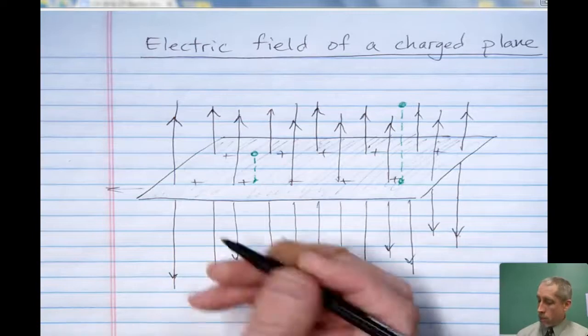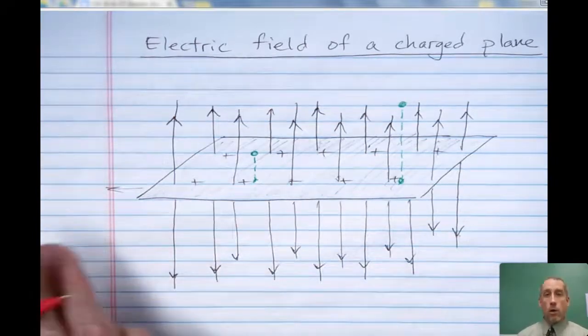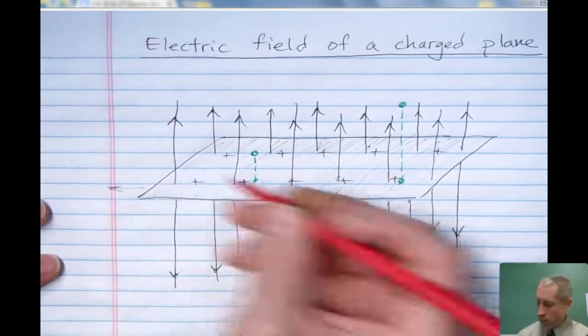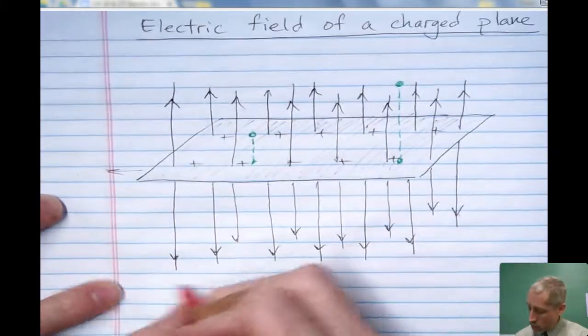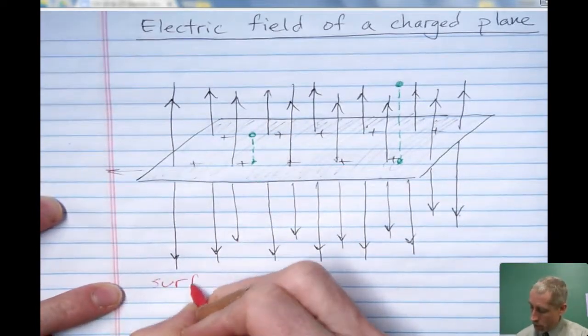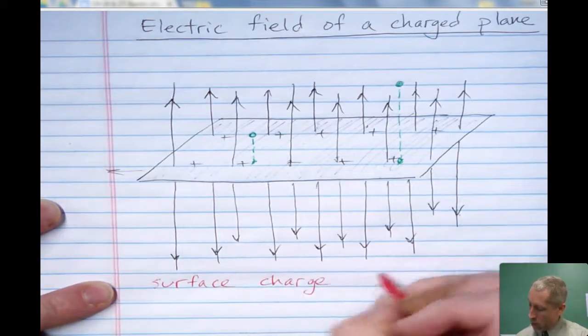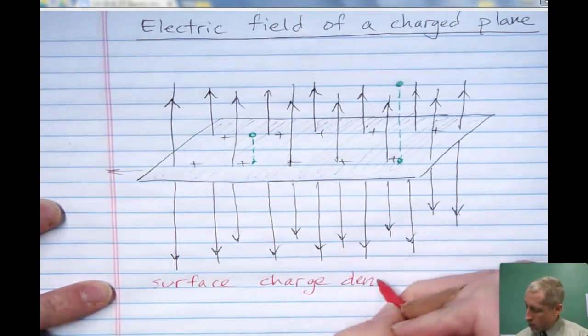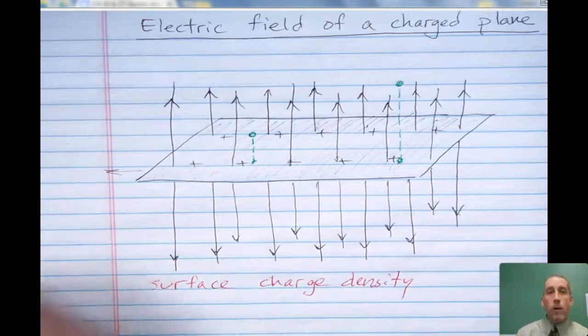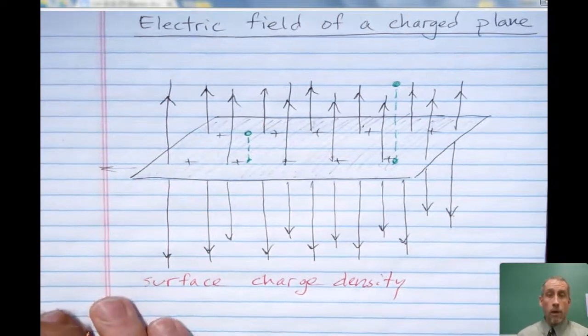So first thing you have to know is how we describe how much charge is on a sheet. We actually use what's called the surface charge density. And just kind of what the name implies, it's not how much charge, but how much charge is on a particular amount of area.